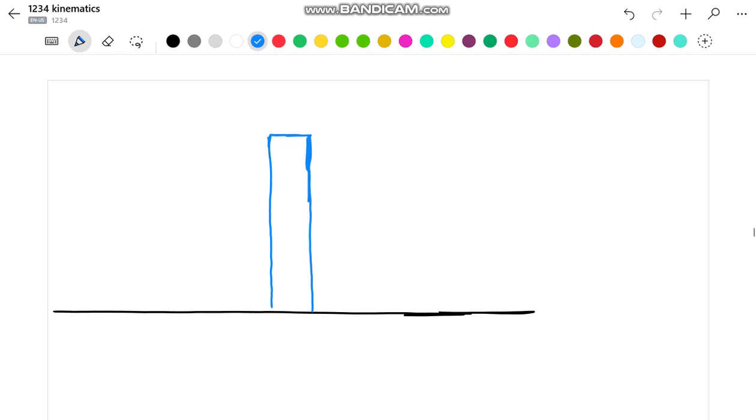We have two particles A and B. Let us call this particle A, which is projected horizontally with speed u1, and simultaneously another particle B is also projected horizontally in the opposite direction with speed u2.